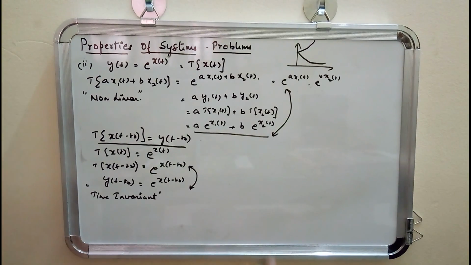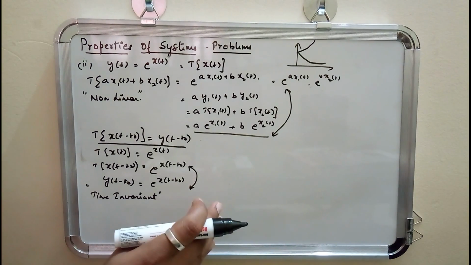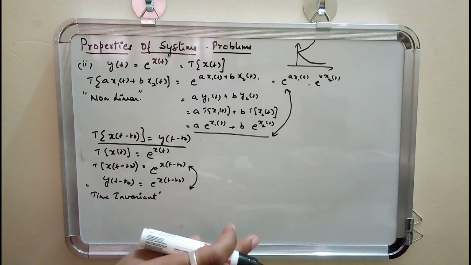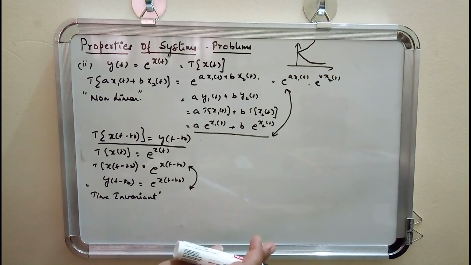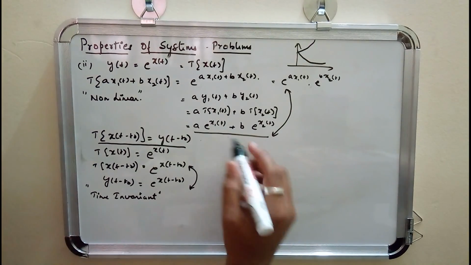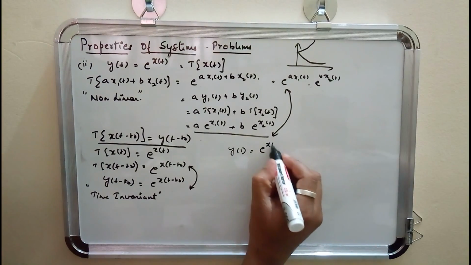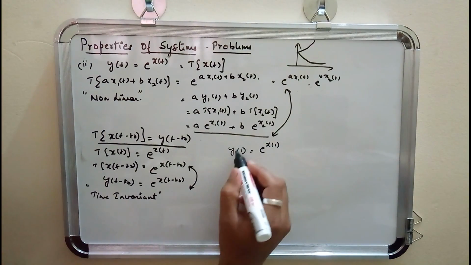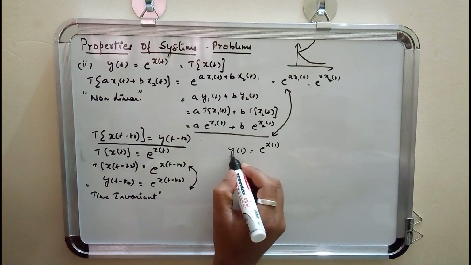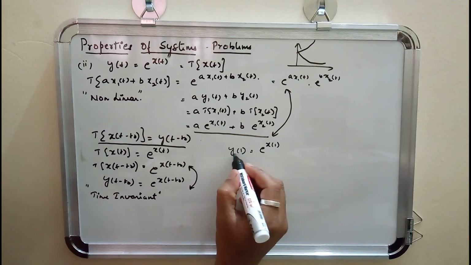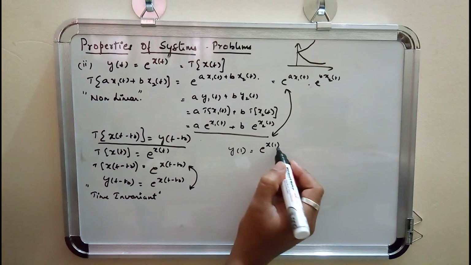Now the other two properties are causality and memory. A system is said to be causal if the output at one instant depends upon the input at the same instant. So I can write y of 1 is equal to exponential of x of 1. That means the output at one instant, y at 1, is equal to exponential of x at 1.